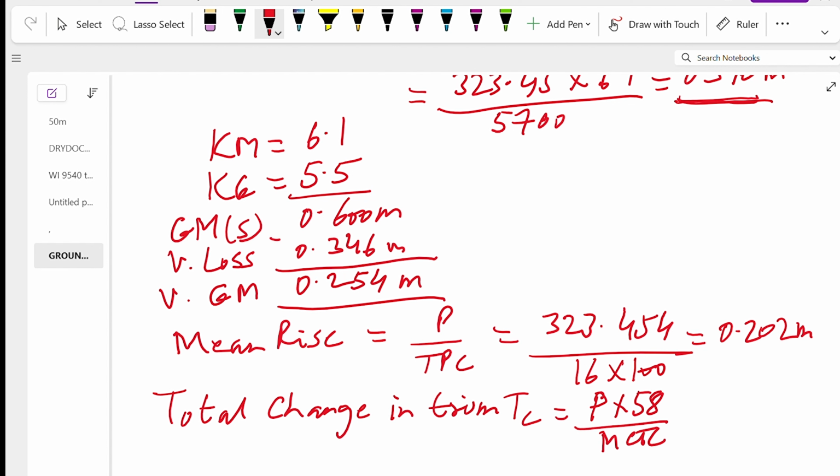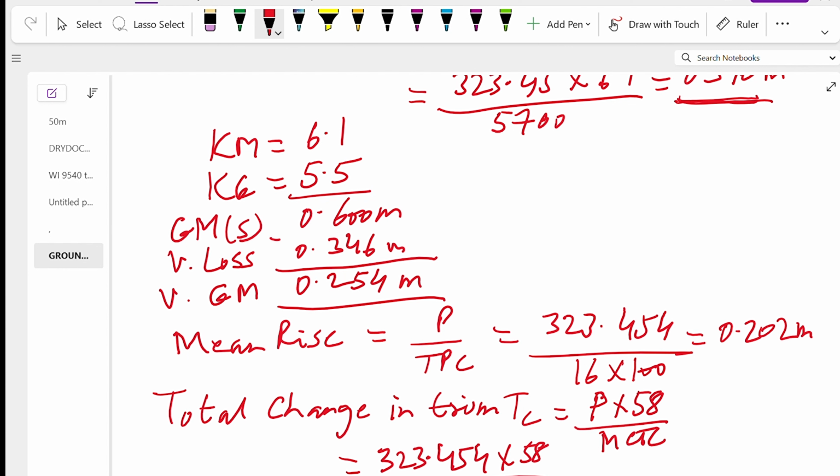So insert the value of P, 323.454 into 58 upon 130 is the MCTC.